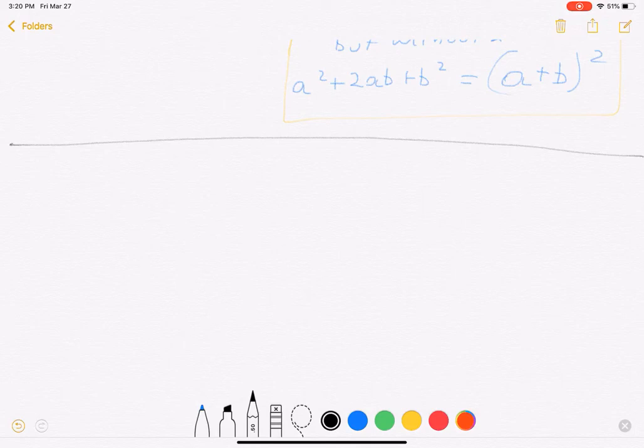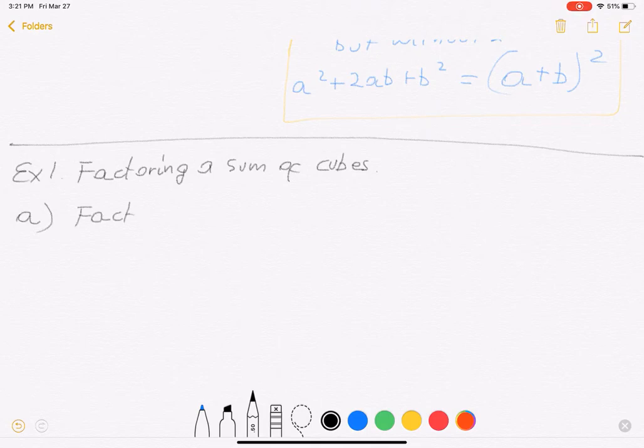Factoring a sum of cubes. So let's work first. Example 1, factoring a sum of cubes. Okay, so factor w to the third power plus 64.